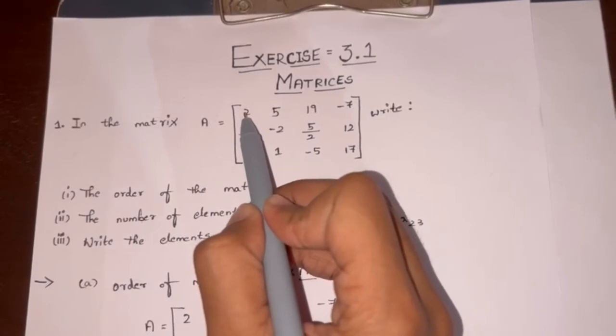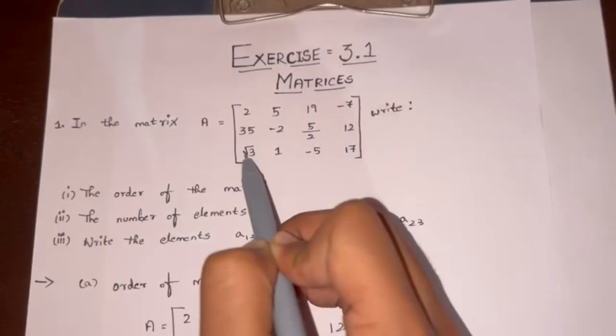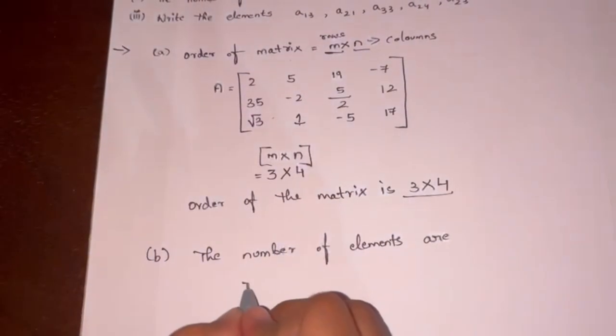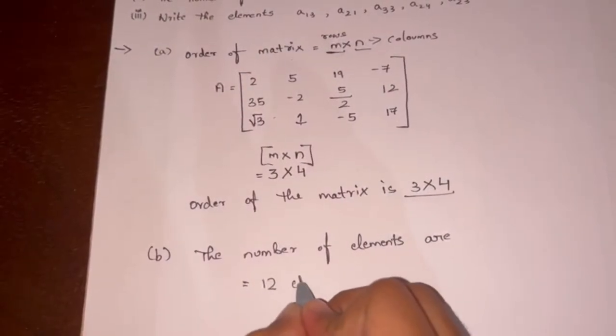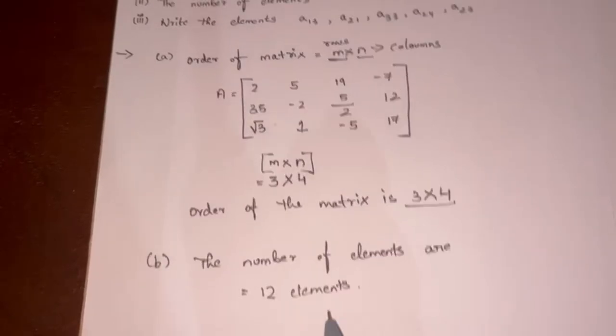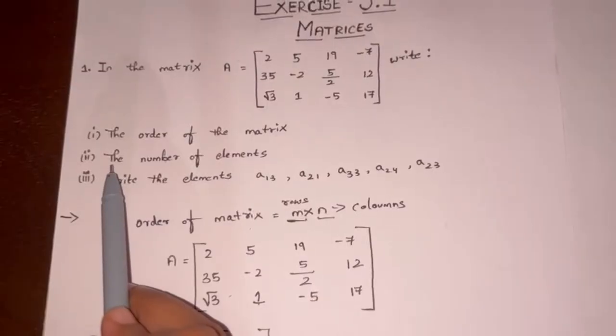So let's count. There are 1, 2, 3, 4, 5, 6, 7, 8, 9, 10, 11, 12. As we saw there, we have total 12 elements. You can say that there are total 12 elements in the A matrix. So I hope you guys are clear with this second question.